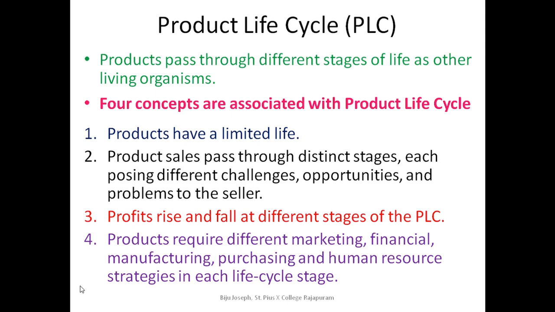This means products need different functional strategies related to different functional areas of management such as marketing, financial, manufacturing, purchasing, and human resource strategies in each life cycle stage. So these are the four concepts associated with product life cycle.